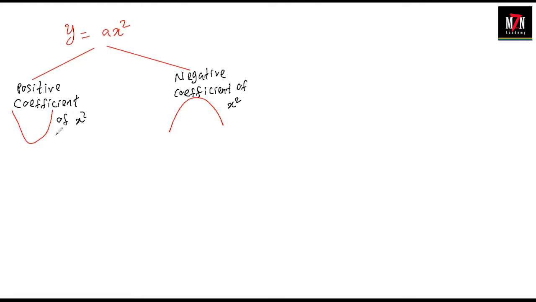And there are special things that we must know about these curves. When it comes to a positive coefficient, that means a minimum curve, so you can write here minimum curve.